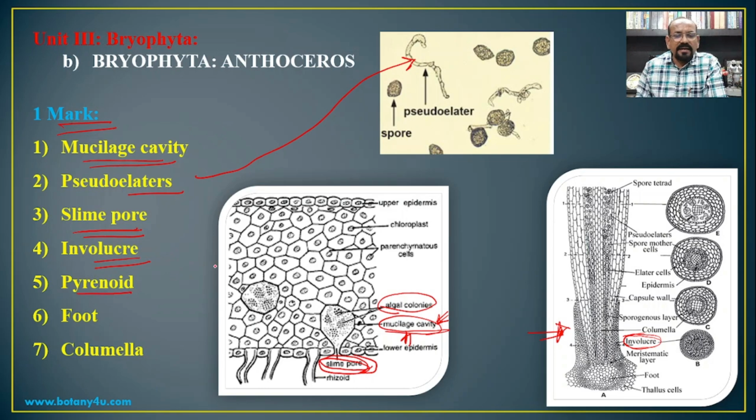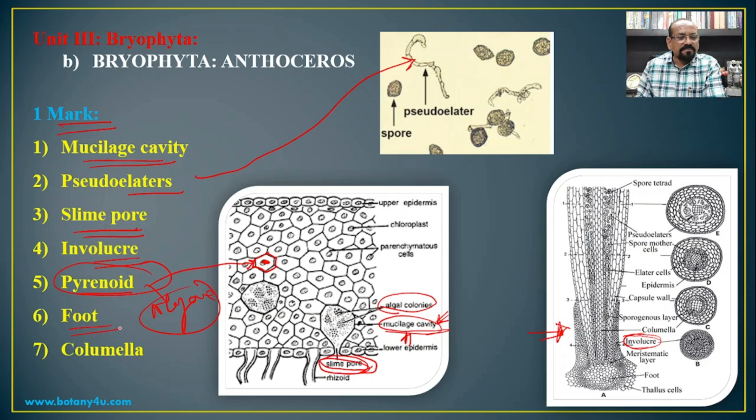Then pyrenoid. If you see each cell of the Anthoceros, along with the nucleus and others, there is the presence of the pyrenoid. The presence of pyrenoid is a characteristic feature of the algae, and if the same type of pyrenoids are present in the Anthoceros, it means that they show the similarity or the evolution from the algae.